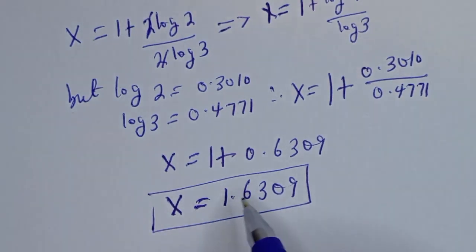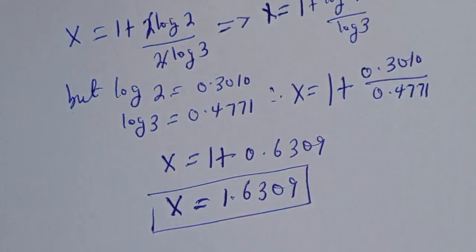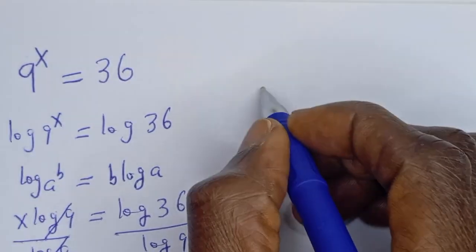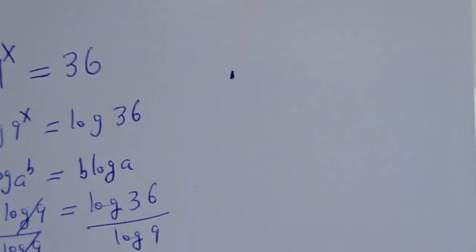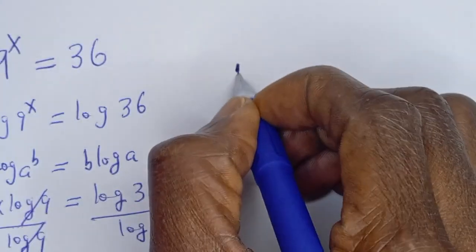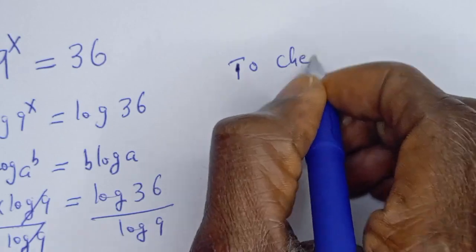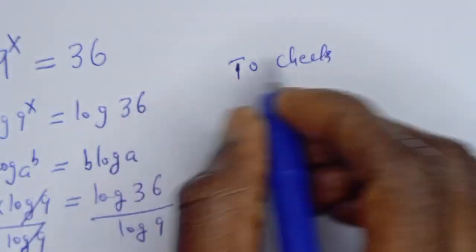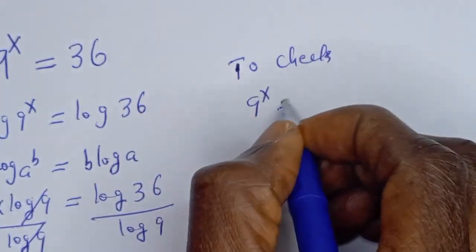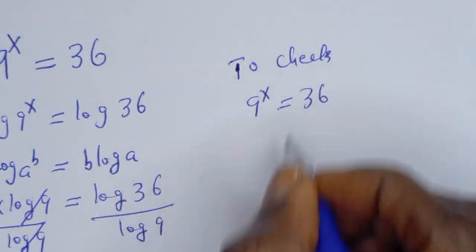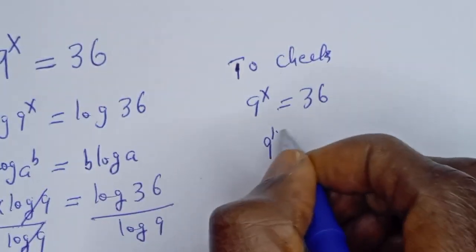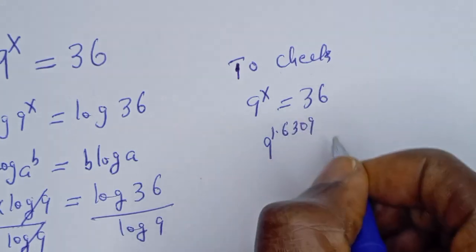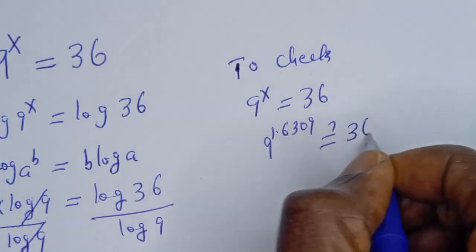We can check to confirm if our answer is right or wrong. Let's check. To check, we have the given equation 9 to the power of s is equal to 36. Then when s is 1.6309, we have 9 to the power of 1.6309 must be equal to 36.